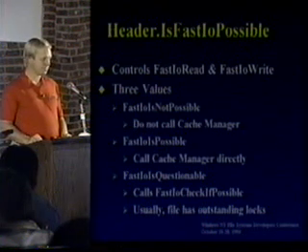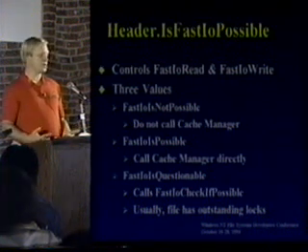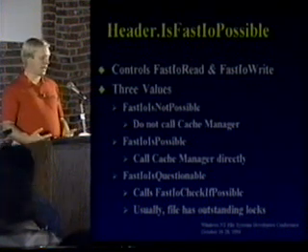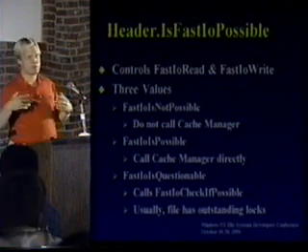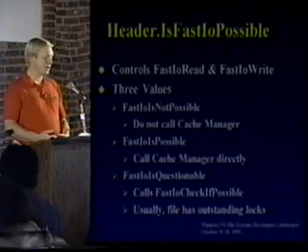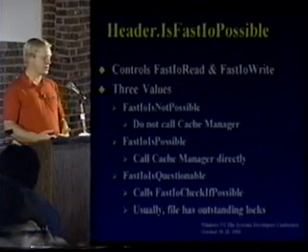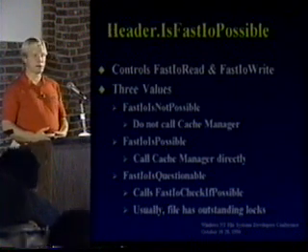I don't know exactly when you would use not possible, but some file systems might just insist on seeing every single request because they do auditing or whatever, so we at least give you that possibility. The final value is FastIO is questionable.